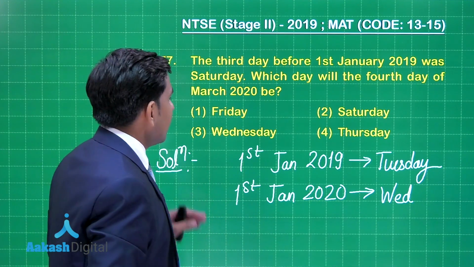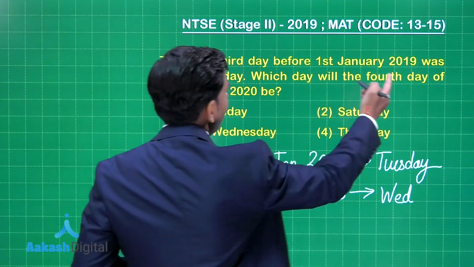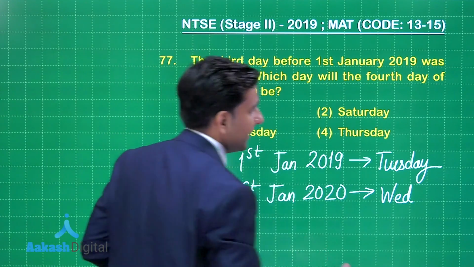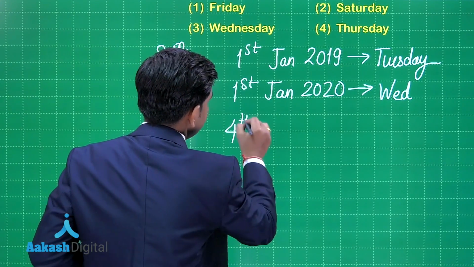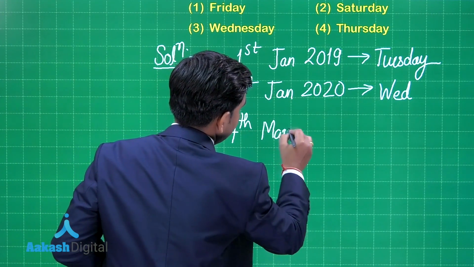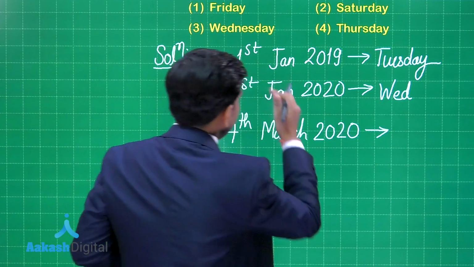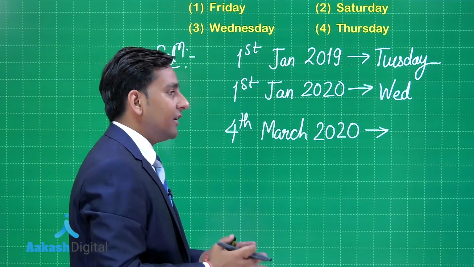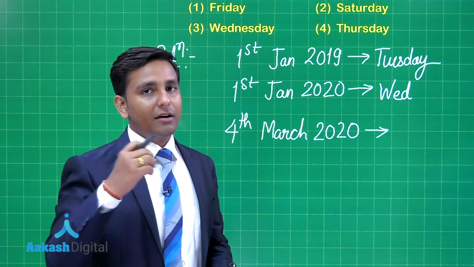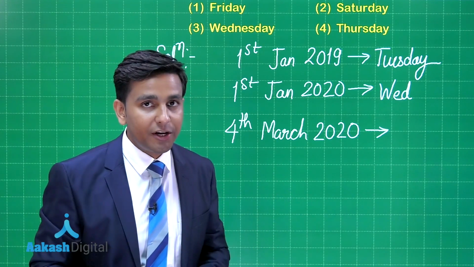Clear? Moving ahead, we have to find the day on 4th March 2020. From 1st January 2020 to 4th March 2020, there will be days which are a multiple of 7. That means we'll obtain 0 odd days.